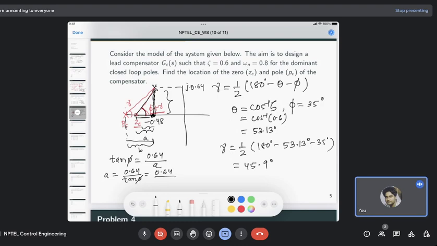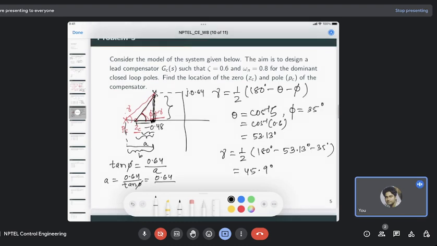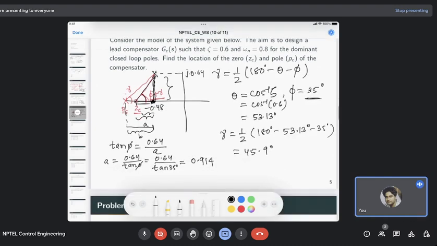We already computed phi as 35 degrees, so A is 0.64 by tan of 35 degrees, which is 0.914.